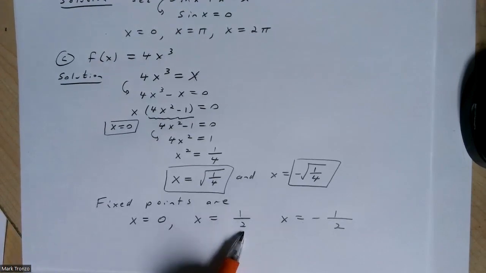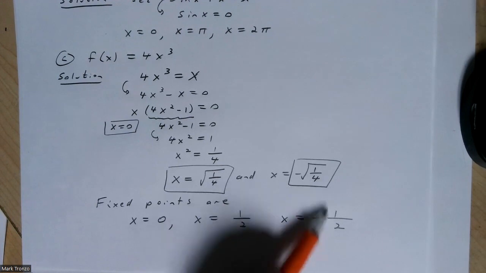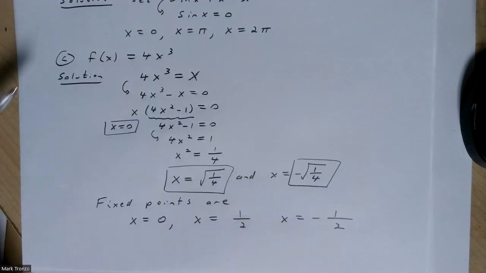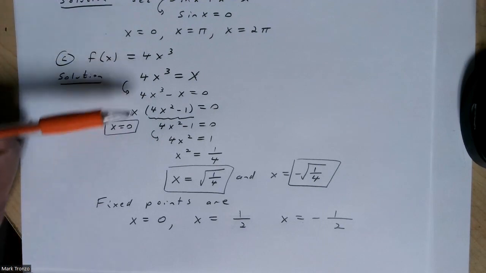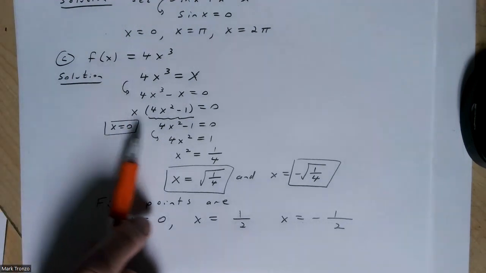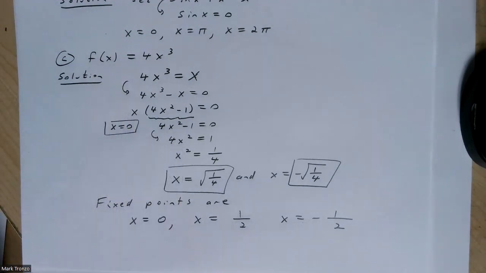We take the square root here, we get 1/2, negative 1/2. So again, that's a simple way of finding the fixed point of a function. Just set your function equal to x. Now, the problem is that sometimes these are not easy to solve. In the case of these examples, we could solve these, we could factor them, etc., but that's not always going to be the case.